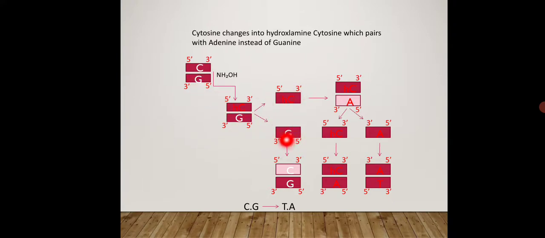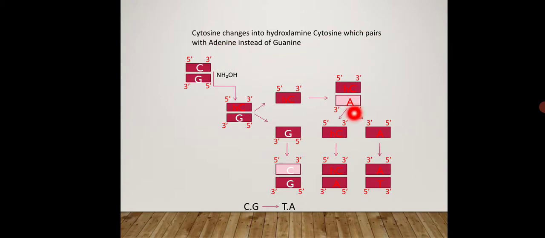When replication is carried out, these two strands will get separated. To the guanine, normal cytosine will get bound. So this is the normal situation, but this is the mutated situation. To this hydroxylamine cytosine, adenine will get bound instead of guanine. We know that cytosine base pairs with the guanine, but this is the mutated form, so here hydroxylamine cytosine pairs with adenine.